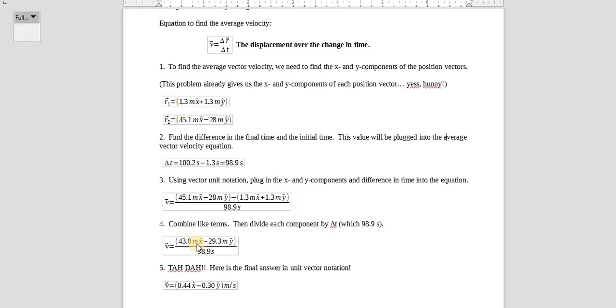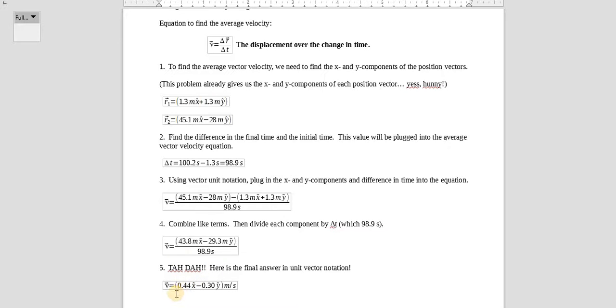So we want to divide the x component by 98.9 seconds. Then we also want to divide 28.93 meters y hat by 98.9 seconds. We have to do that because we want our answer to still be in unit vector notation.